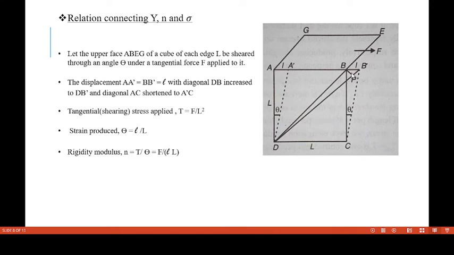What is tensile stress? Tensile stress causes the elongation. So this tensile stress along DB and a compressive stress along AC. Compressive stress causes the decrease in length. So the new length of the diagonal is A dash C. So I'll repeat, the shearing stress or the tangential stress along the surface or the direction AB is equivalent to a tensile stress along DB and a compressive stress along AC.